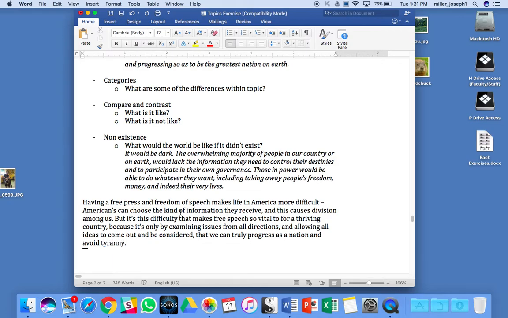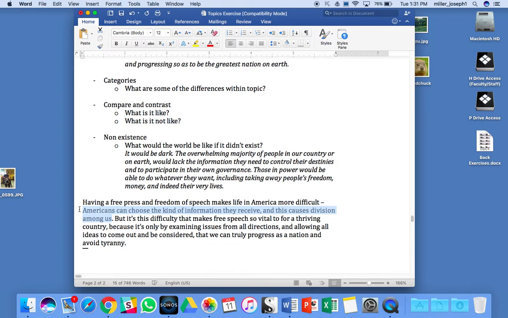All right, that's not bad. I might work with it a little bit, but that's a good place to start. And I could see where I could use this as the basis for a paper. I could start looking at different forms of evidence that I could use to back up these different ideas. So like Americans can choose what kind of information they receive, and this causes division among us.